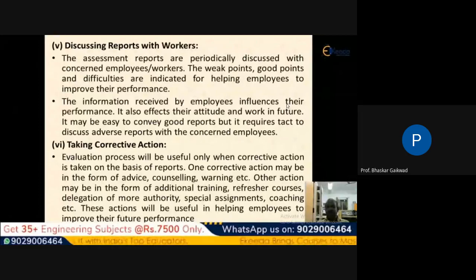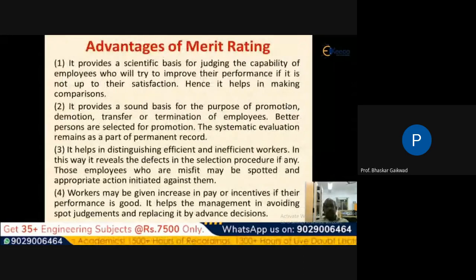He may be given training, advice, counseling, assignments, or coaching. Anything can be given as corrective action. So the procedure is standardization, comparing the actual performance, and improving the rating of the particular employee. This is how the procedure goes on.